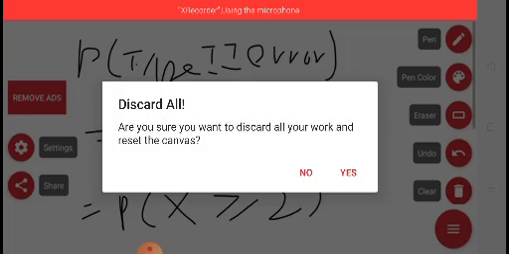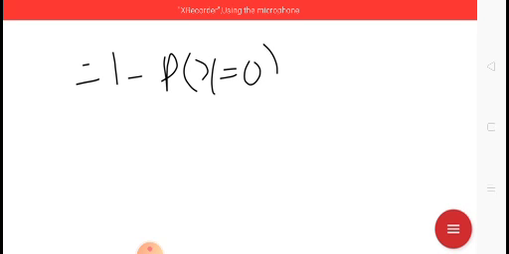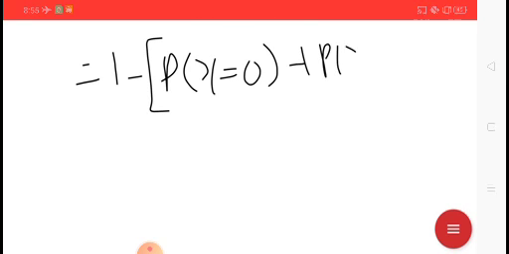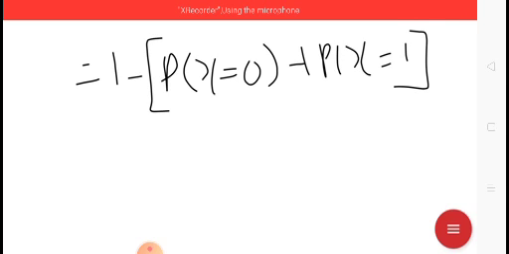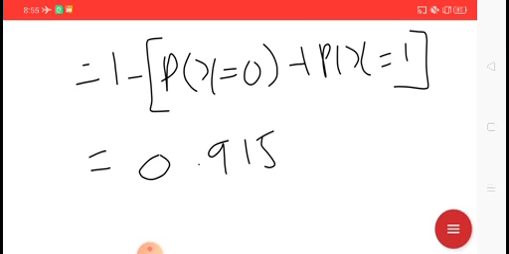Okay. So once you calculate, this is equal to 1 minus P(X = 0) plus P(X = 1). So you should have 0.9154, 0.915.